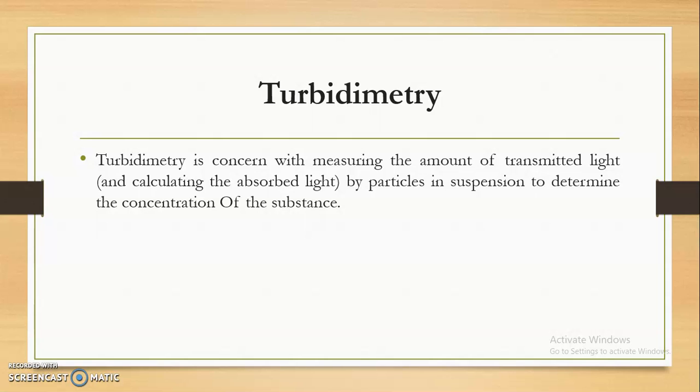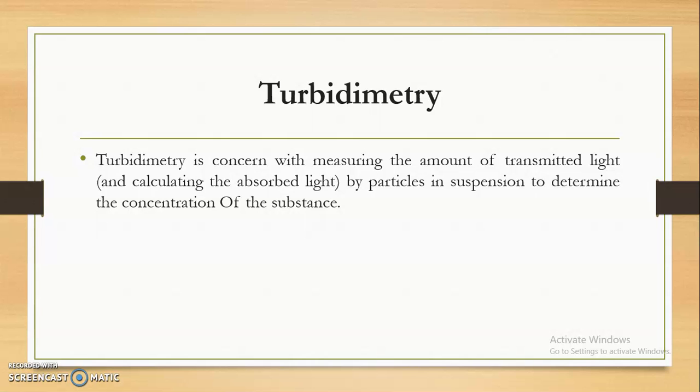Basically, both these techniques are used for suspensions. What does suspension mean? If we take mud and add it into water, the water becomes cloudy. These mud particles are suspended, they are not dissolved in the water. That type of content is known as a suspension.